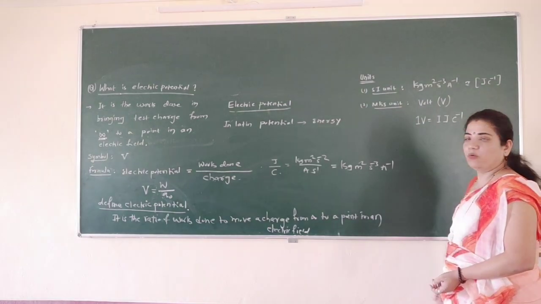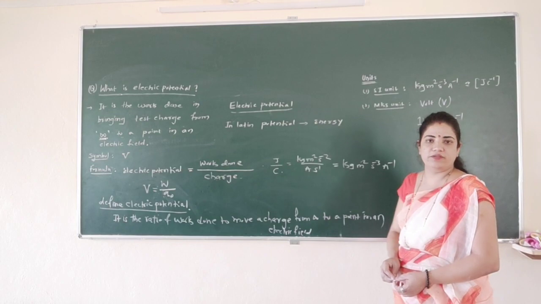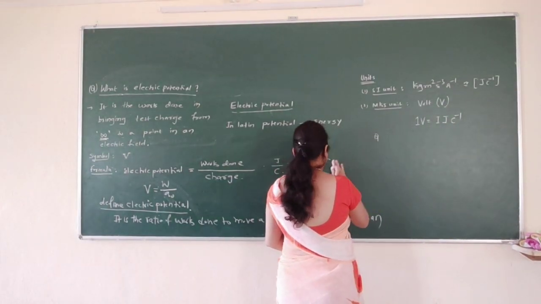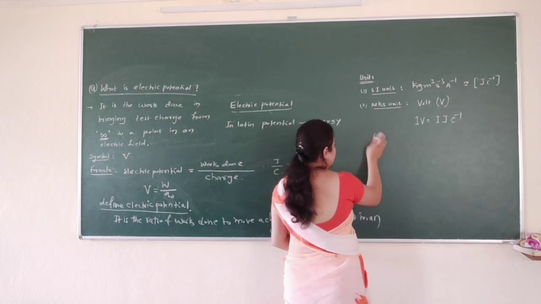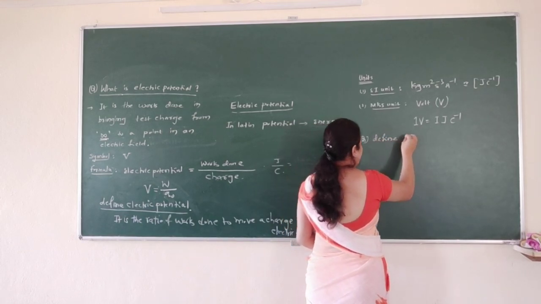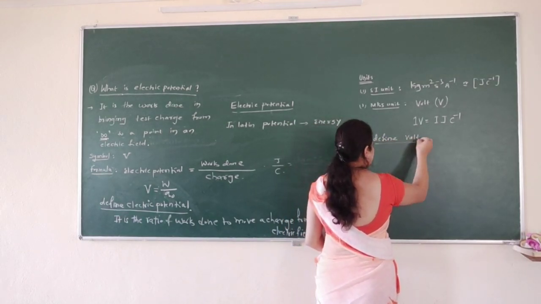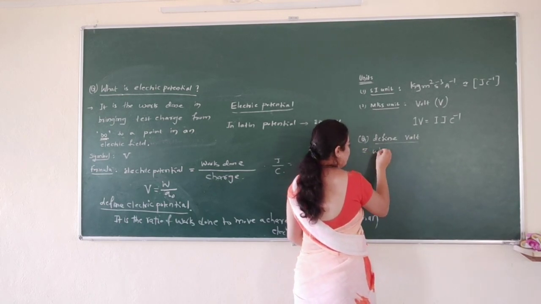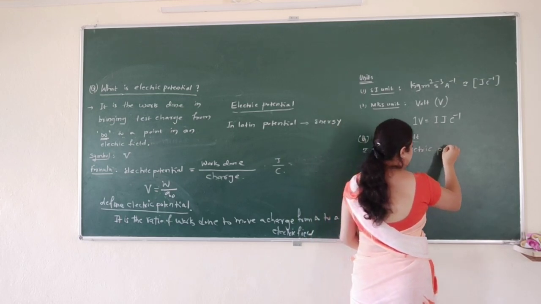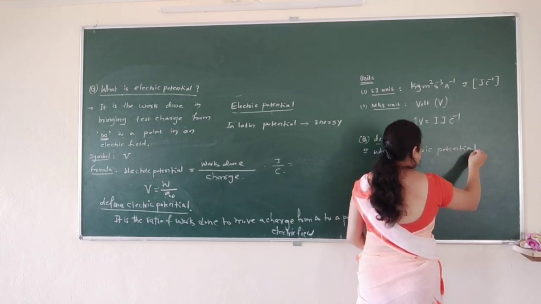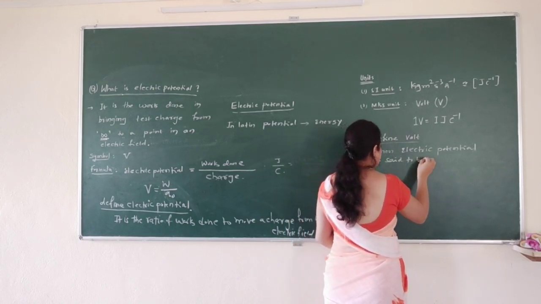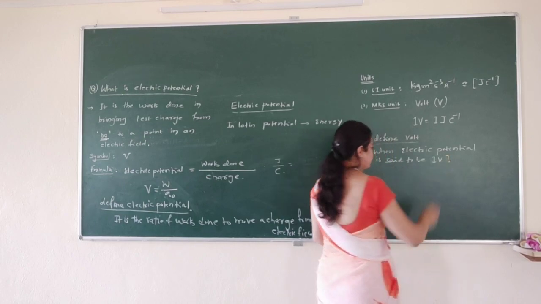So now define volt, or when electric potential is said to be 1 volt. Here I take a question: define volt, or when is electric potential said to be 1 volt.